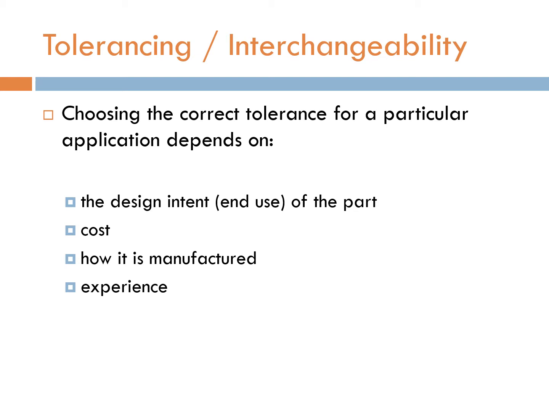The last thing is experience. People in the industry know that when you have this kind of purpose, you should set a limit in that range. As you can see in the later part of this module, we're going to give you an example, and there's a standard table, and that table is based on experience and is well recognized by the international community.